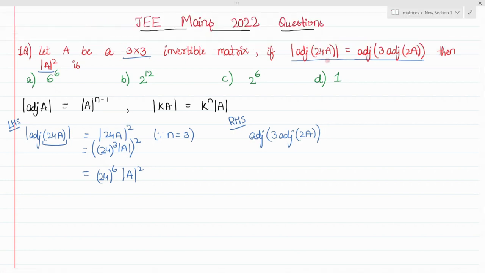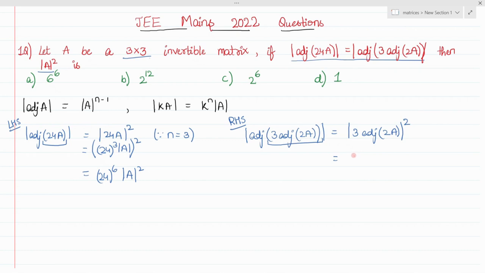Actually, here it is the determinant of this, so here also it becomes the determinant. Now, assume this whole thing as A and use the first property. You will write it as 3 into adjoint of 2A whole power, again 2, because n is 3.